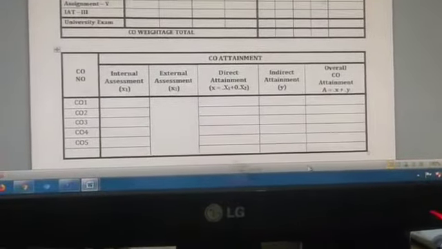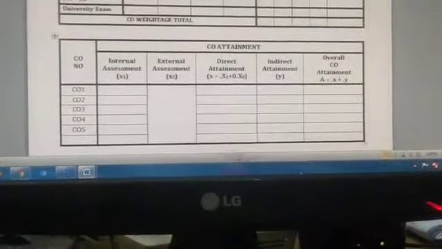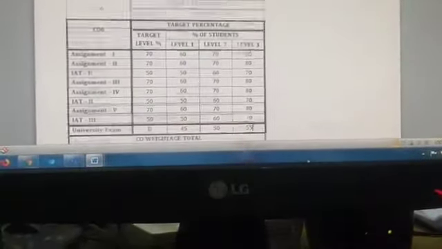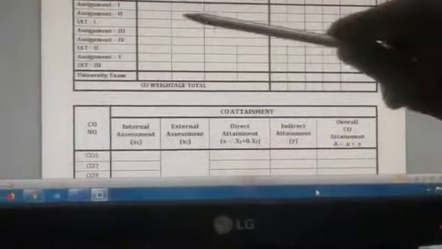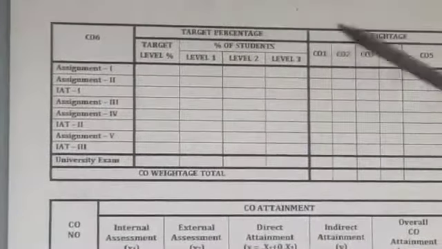So my dear friends, now I am going to find out internal assessment for CO1 through various steps. In the step-by-step procedure I have explained, before that, I have this table. I already stated that I fix the weightage for assignment as 20%.